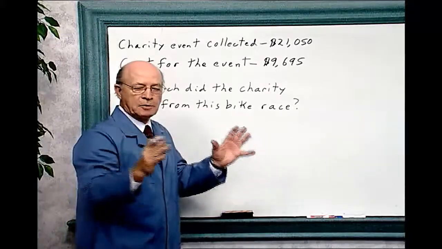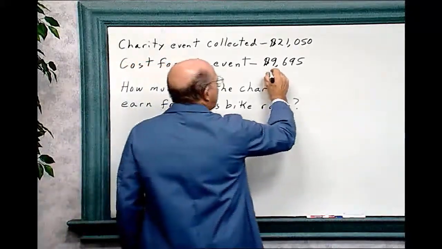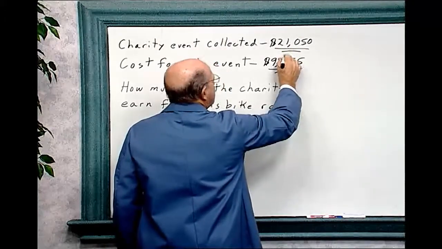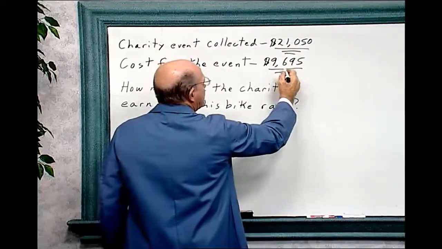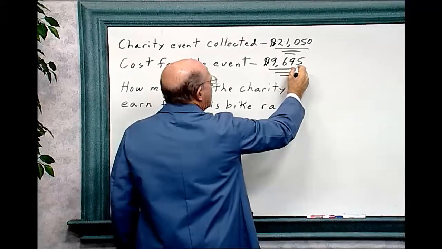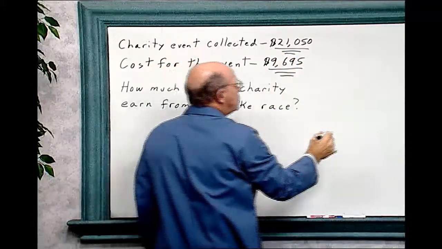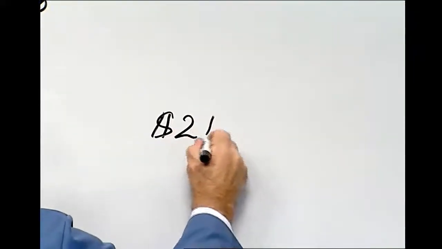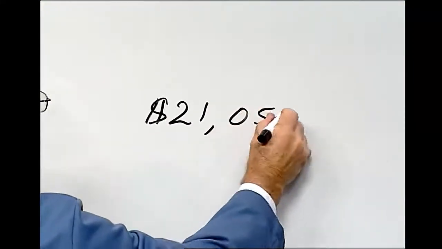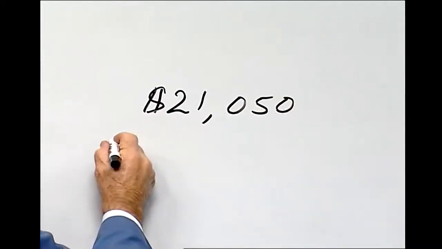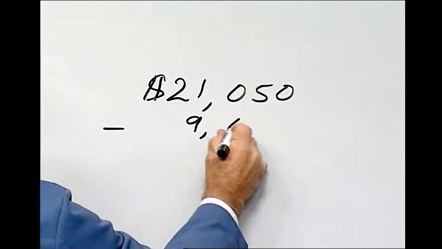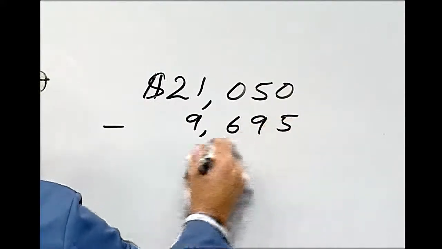They had a certain amount of expenses, and that was this amount, and they took in $21,050. So we got to deduct $9,695 from $21,050. $21,050, and the cost for the event was $9,695.